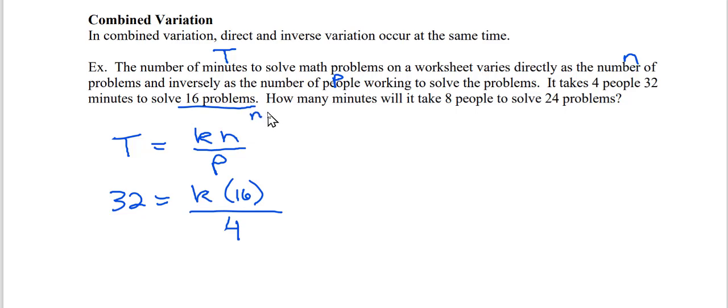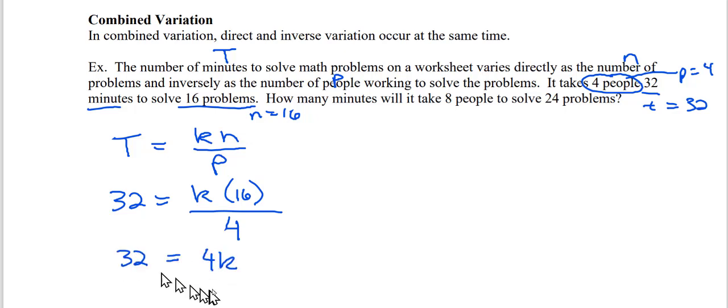This is N equals 16. The 32 minutes tells us T is 32, and the 4 people tells us that P is equal to 4. So I just put those all in place there to find the K. Simplifying that, we get 4K equals 32, or K equals 8.